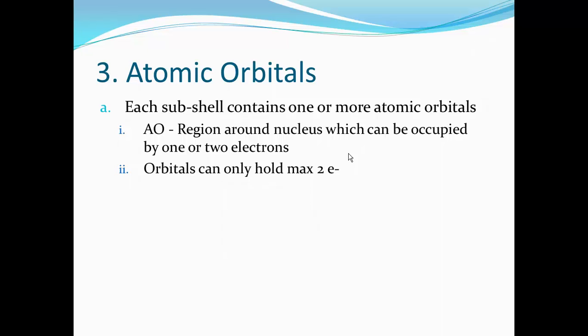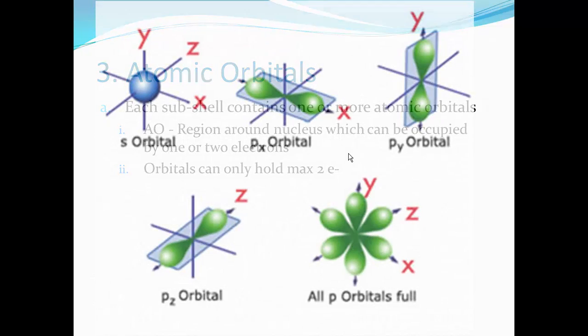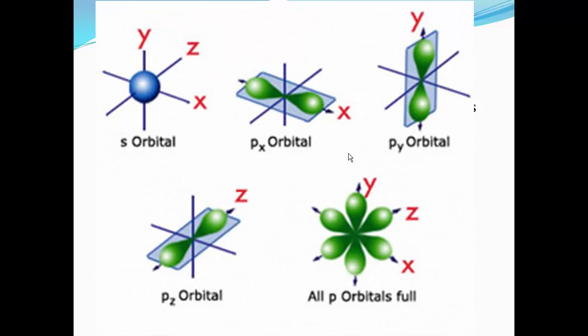Each subshell contains one or more atomic orbitals, s, p, d, and each orbital can only hold a max of 2 electrons. The outer region around the nucleus can be occupied by 1 or 2 electrons, and a max can hold 2.